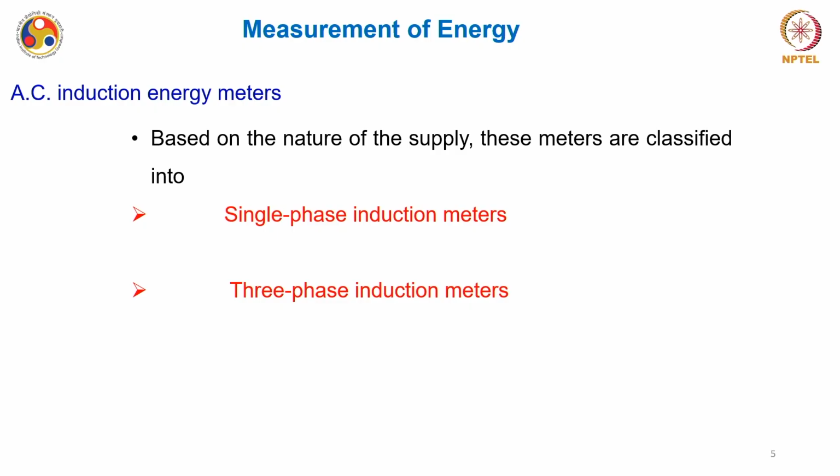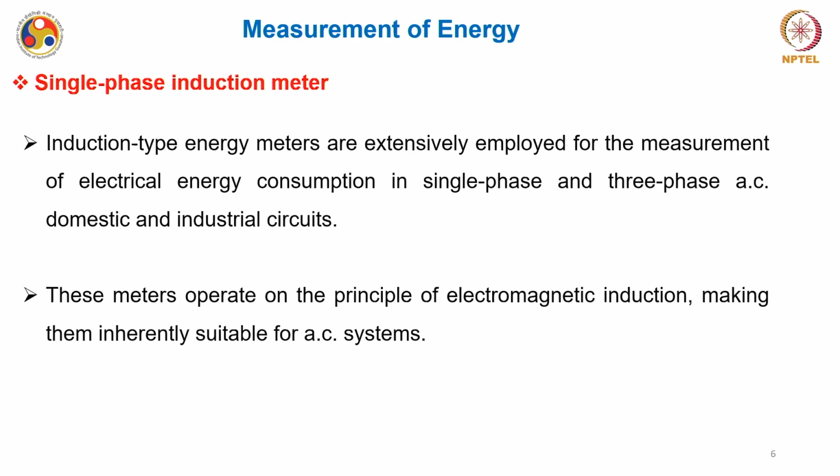We have the single phase induction meter, which is the one I was talking about, and then the industrial grade induction meters like three phase induction meters, which is usually part of industrial instrumentation courses. In this course, we will mostly focus on the single phase induction meter. Induction type energy meters are extensively employed for the measurement of electrical energy consumption in single phase, mostly in domestic as well as in certain industries.